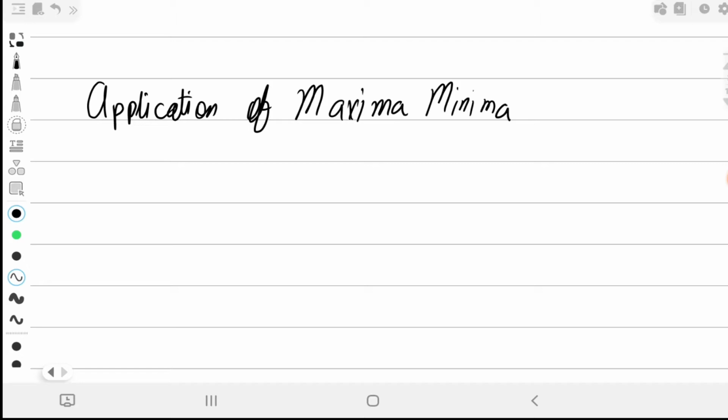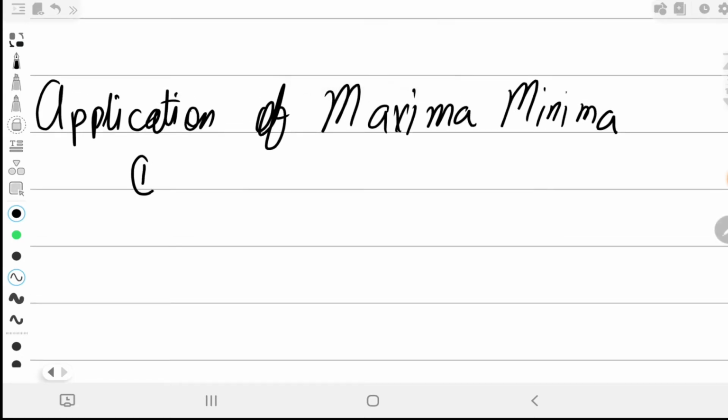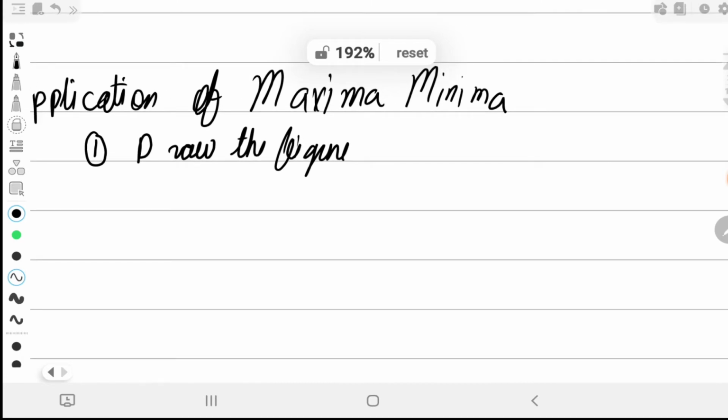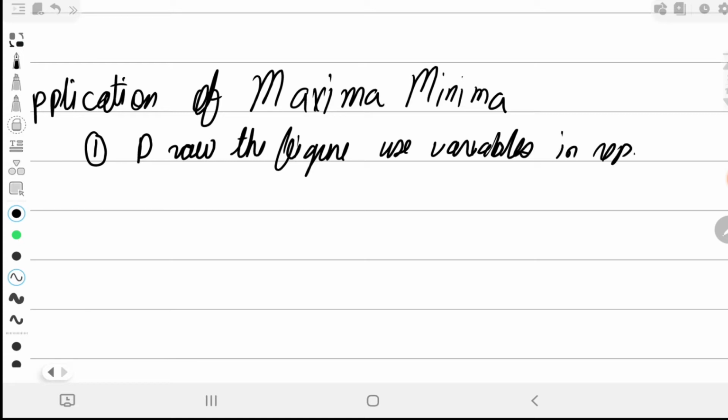In order to solve the problem, the best thing to do, number one, if you cannot understand, is draw the figure. Okay? Draw the figure, and then of course, if you are drawing the figure, use variables in representing the different parts.